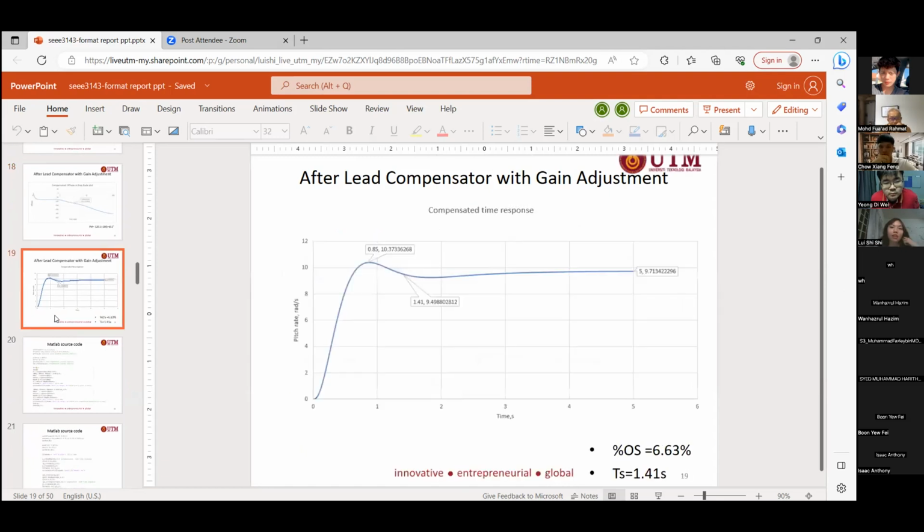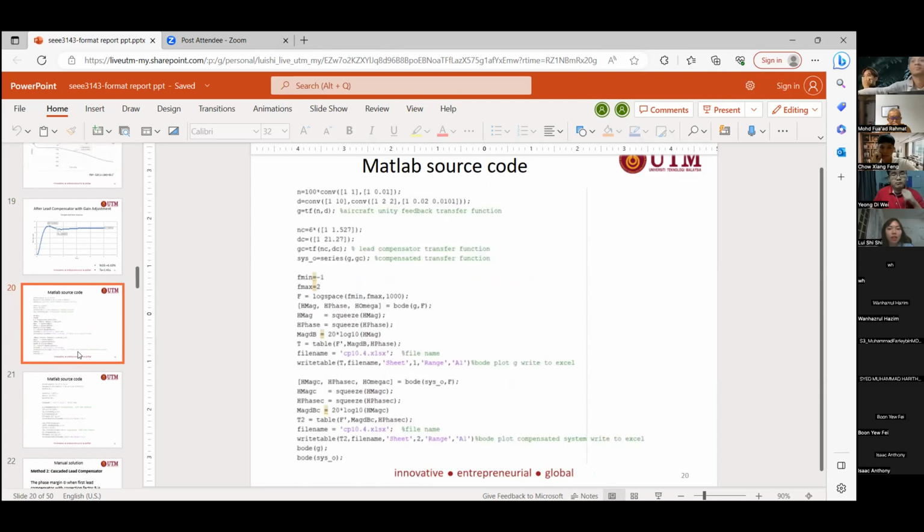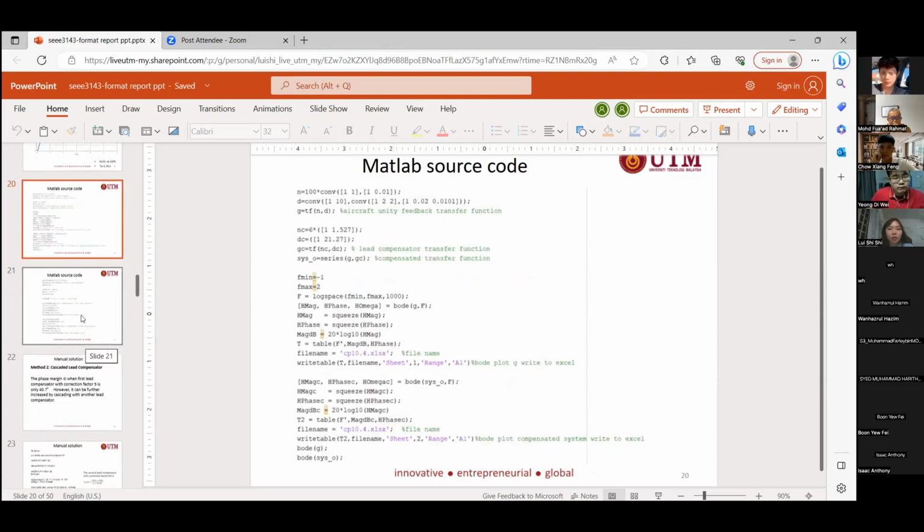We also check the compensated time response, and we also met the requirement, where our settling time is around 1.41 seconds and our overshoot percentage is 6.63, which is lower than the requirement. So that's our solution. Next, this is our Matlab source code where we do the verification and also the plotting in Excel.